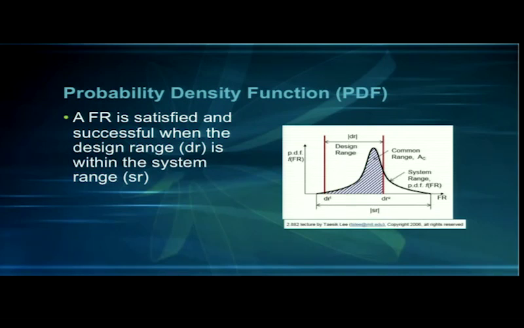So maybe it's not at 450 because I've got a pipe I've got to cut. The tolerance is maybe not good enough, and maybe air is coming out where it's not supposed to, right? So when I change those parameters and make that design range fit inside the system range, I know I've satisfied that functional requirement.